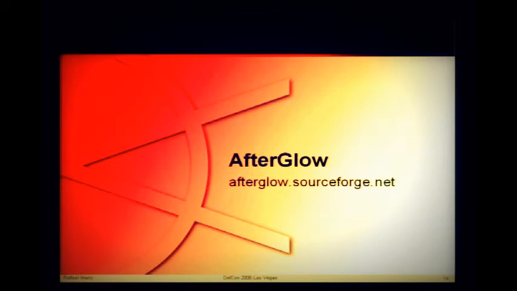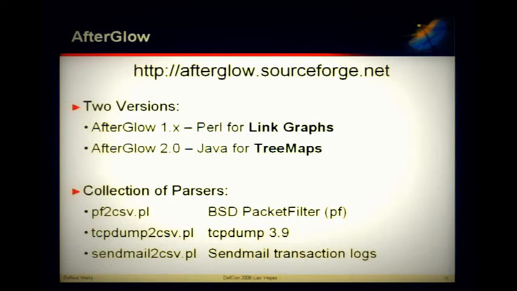Now, let's switch over to Afterglow, which you will find either on the CD or on SourceForge. There are two versions right now. It's a little confusing, and I apologize for that. There's a version 1.x, and the one on the CD is 1.5.6. It's basically a Perl script that generates link graphs.